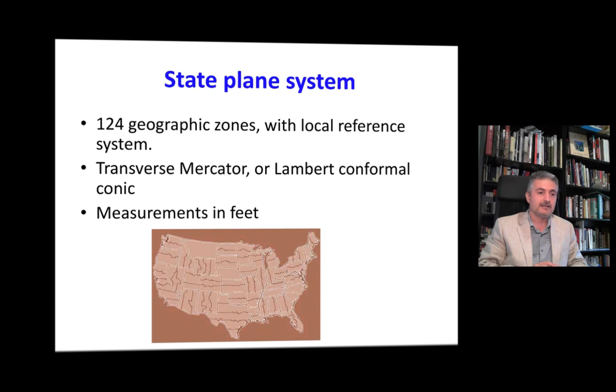Depending on the state, it's in transverse Mercator or in Lambert conformal conic. The measurements are always in feet, and this is a bit of an antiquated system that was used for state cartography.